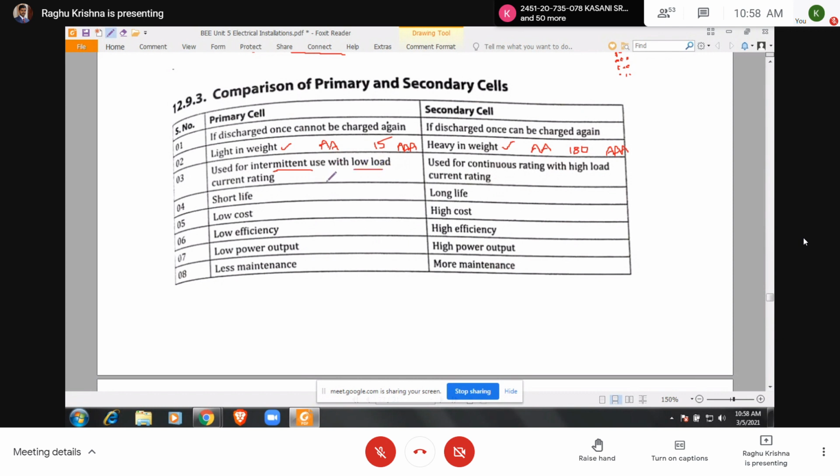You can use the secondary cell continuously and with high load current. Sometimes for projects they recommend these rechargeable cells because they can be used continuously and they will supply high load current.